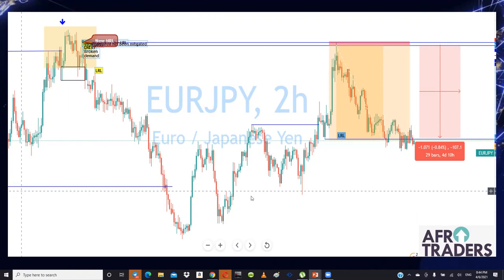Okay, it gave us a pullback. It doesn't mean that you should trade all high resistance liquidity. You have to first define the trend and then trade in the direction of the trend. Okay, so high resistance liquidity can be broken, but the thing is that 80% or 70% of the time, high resistance liquidity will give us a rejection before it is broken.